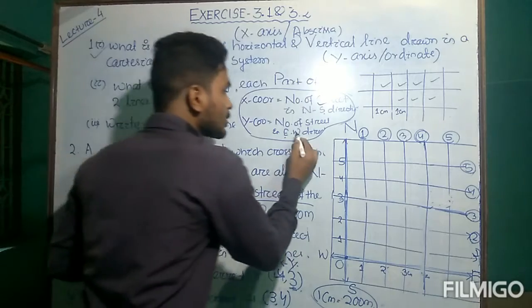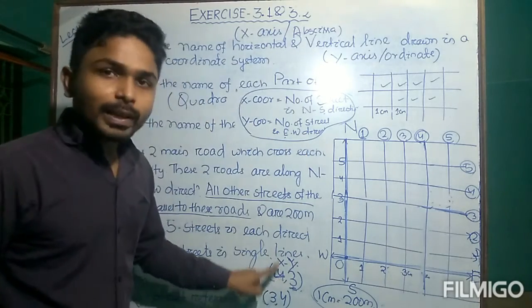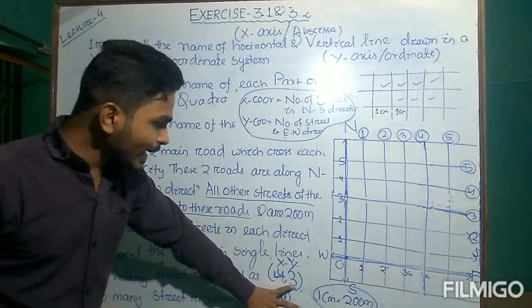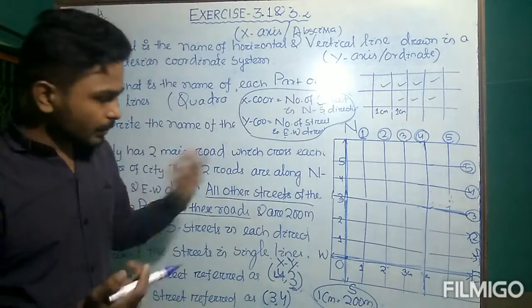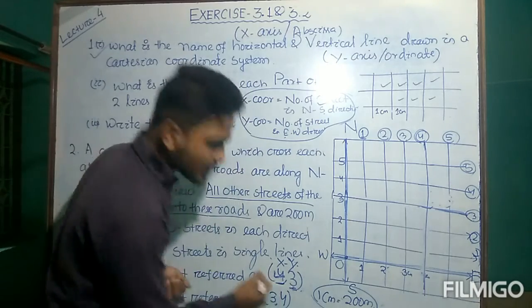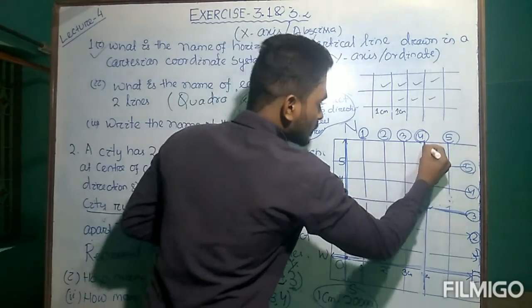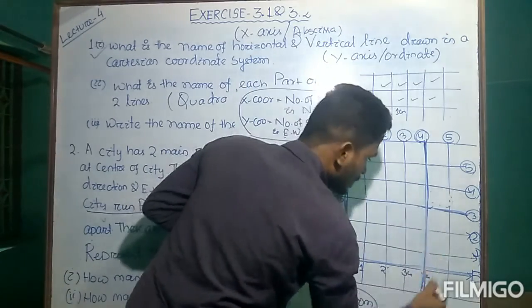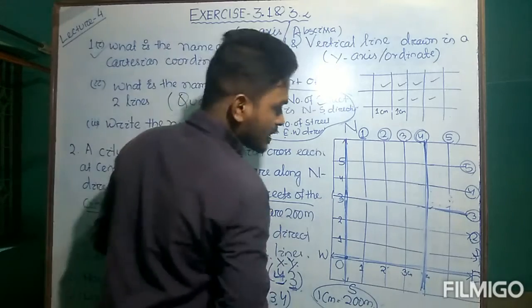So you have to find the fourth street in the north-south direction and the third street in the east-west direction. Why? Because the x coordinate 4 represents the north-south direction streets and the y coordinate, that is 3, represents the street in the east-west direction. So let's find the fourth street in the north-south direction. This is 1, 2, 3, 4. So this is the fourth street in the north-south direction, and you have to find the third street in the east-west direction.